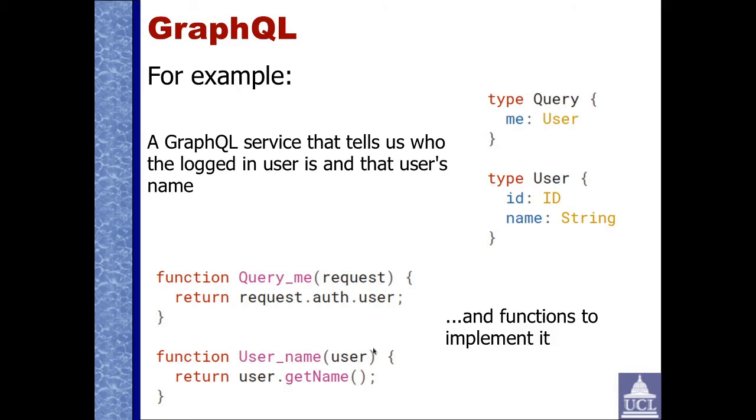So if we're wanting to get the username, we would take a user and we would call this function called getName based on this user object. And we could similarly have a user_ID, which would take the user and get the ID. So we have a set of functions which implement the returning of data. And obviously I haven't gone into how these items of data are populated or anything like that. It's just how you would return the information.